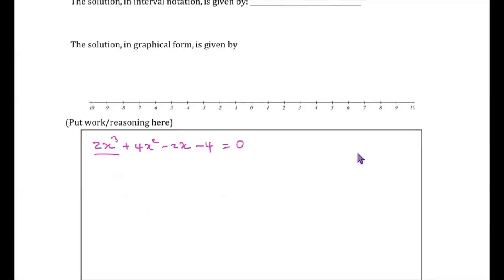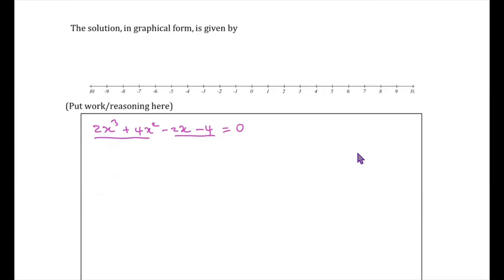So I realize that we can factor by grouping here. Let me go ahead and factor by grouping. So the GCF of the first group, which are the first 2 terms, will be 2x squared, and that's x plus 2.